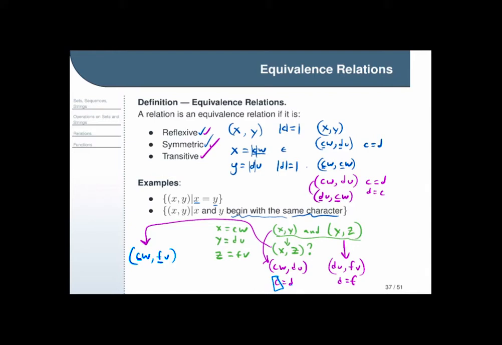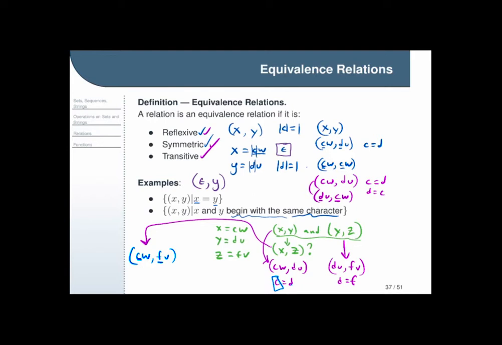Now, if you're keeping me honest here, you should say, well, what about that case that you said at the beginning where your string is not length at least 1? What if it's length 0, right? Which is the same as saying, what if one of these strings we're talking about is the empty string? Okay, so let's talk about that. If one of the strings is the empty string and it's related to some other string, if we have this pair, we want to know whether this is in the relation.